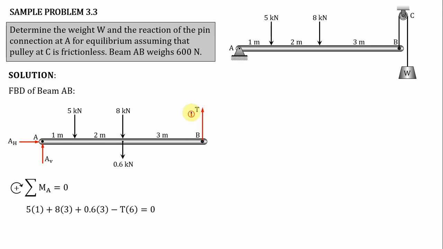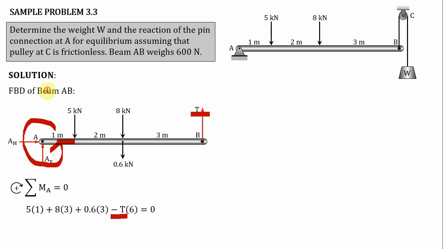And then, lastly, class, T, yung tension force T natin. And tension force T, kapag nag-moment ako at A, it will create a counterclockwise moment. Since clockwise naman natin is positive, counterclockwise is negative. So, therefore, it is minus, class: minus the force T times the moment arm.